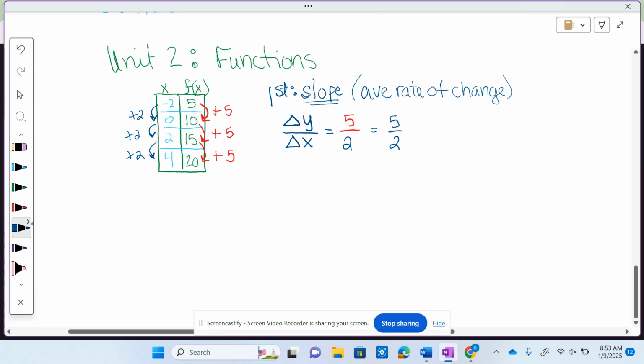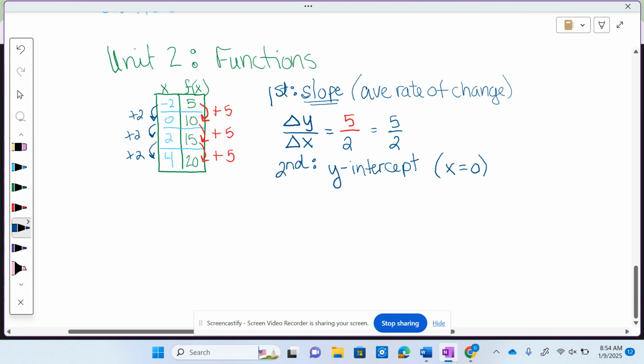I also need to find my what? Rate of change and slope are the same thing. I need my y-intercept, right? The y-intercept happens when x equals 0.